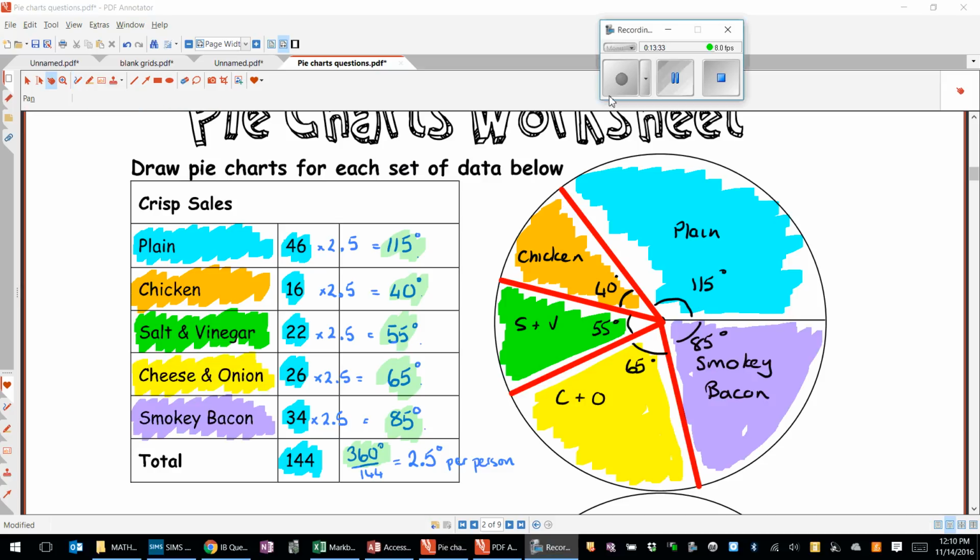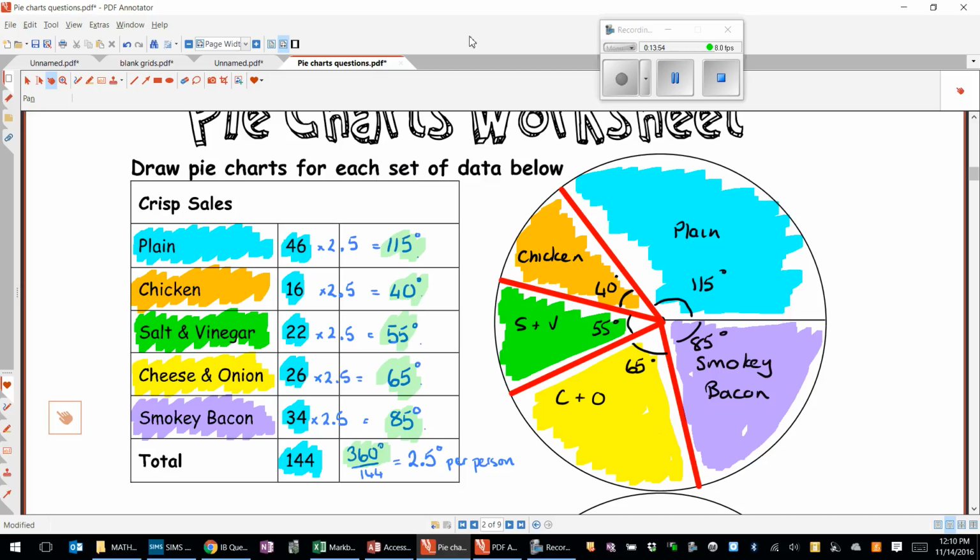Okay, so just to finish this first one off, this is what mine looks like. Coloured it in roughly, but I've got it very clear. I've kind of over-labelled this one. I've got colours that match the table, and I've even written the angles in.